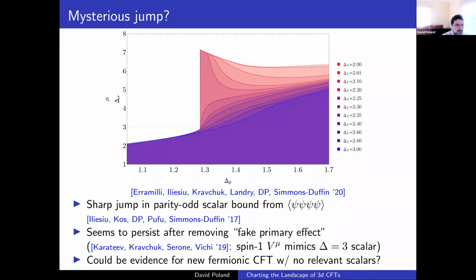By the way, this plot is showing the leading parity odd scalar, but you can also study the leading parity even scalar and also see that it has a kink in the bound at a similar location, and that kink is also at an irrelevant location. So anyway, we have this conjecture that maybe there's a theory living up here, but we'd like to understand it better.